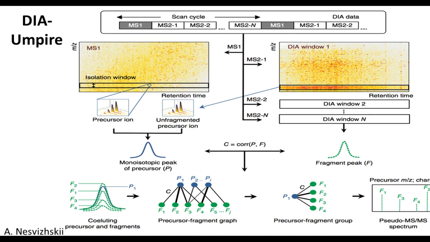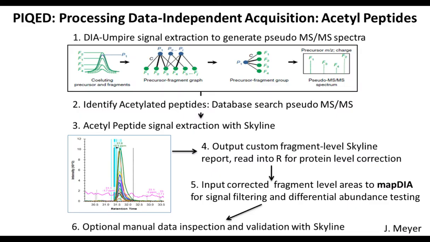So you can actually make pseudo spectra where you match up fragment ions to your precursor ions, and then get a pseudo MS-MS spectrum, and then be able to search that with your typical data search engines.